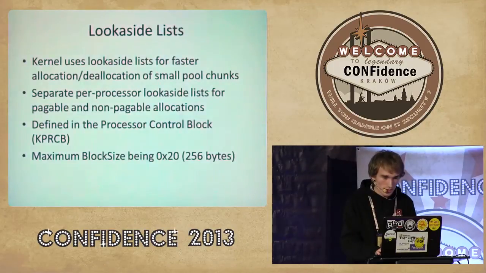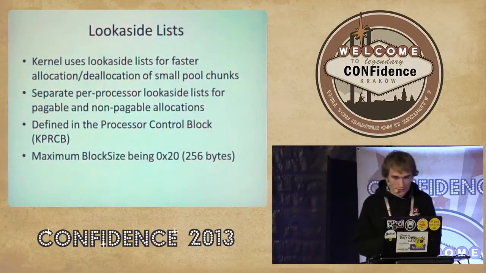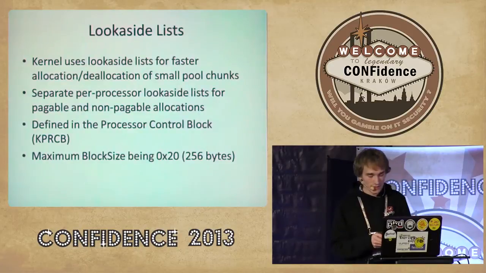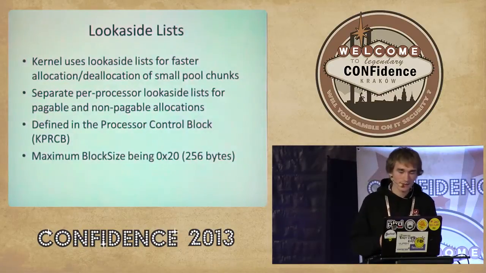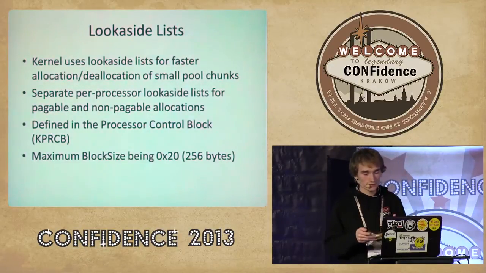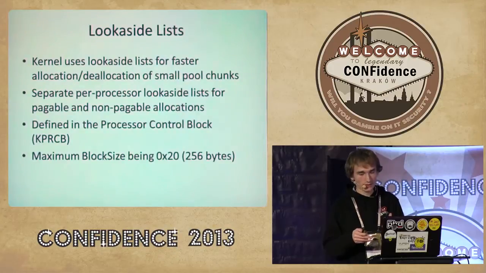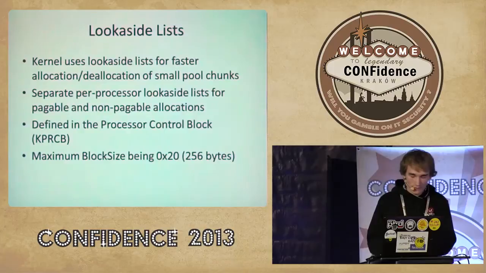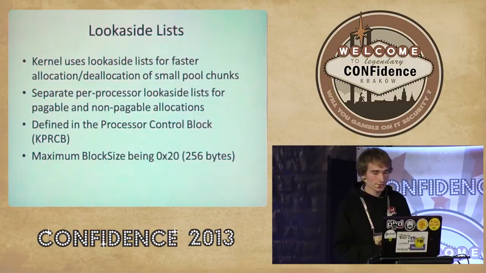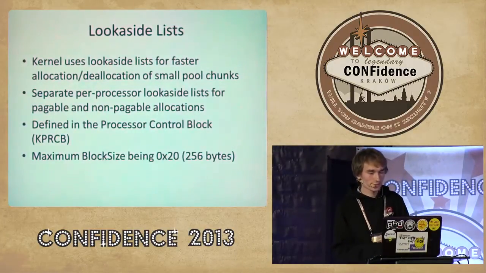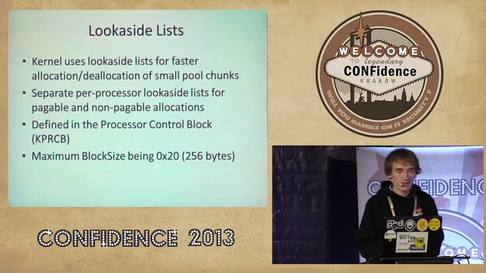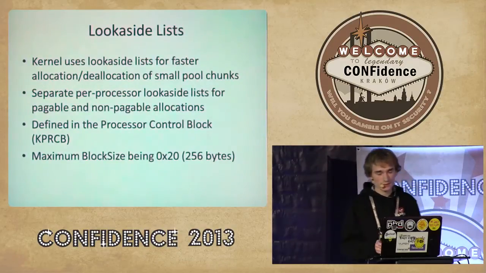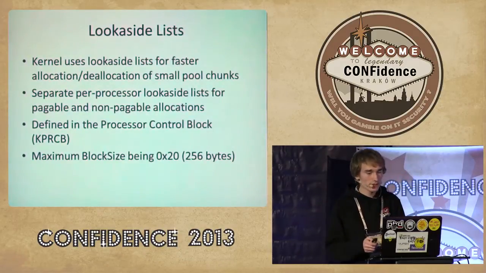You know, the pool allocator was developed to make allocations faster. For different sizes, it uses different lists. For small chunks, it uses Lookaside Lists.